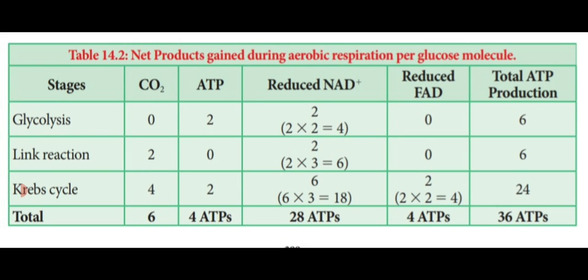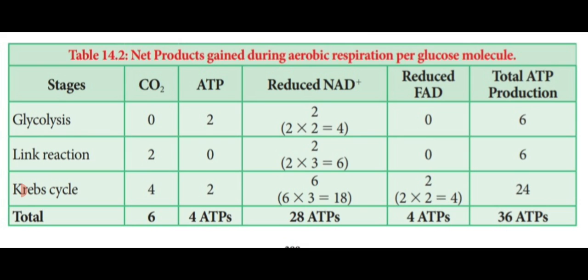So 4 plus 2, 6. 6 into 3, 18 ATP molecules. Not only that, 1 molecule of FAD gets reduced. 2 into 2 equals 4. That is 24 ATP production.